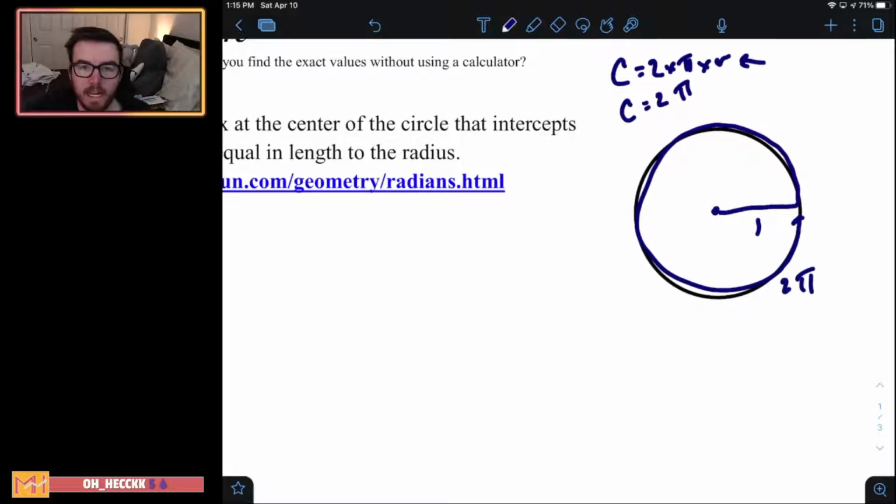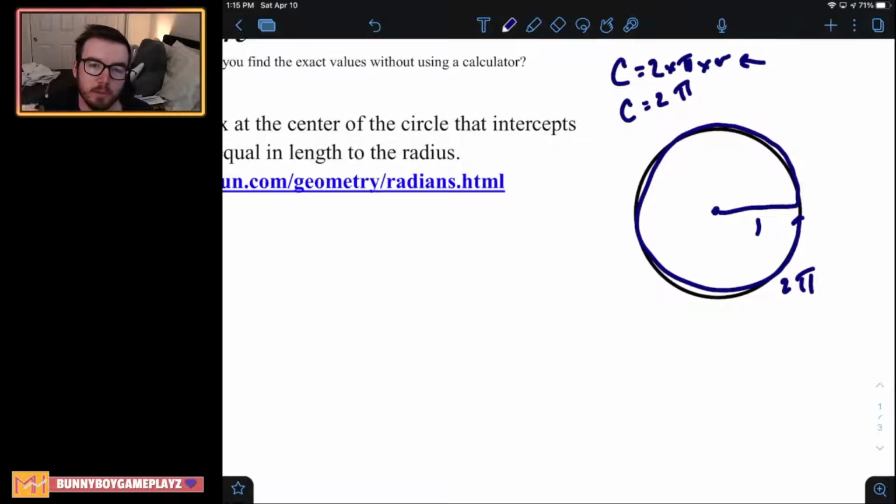So radians is a measurement that describes how far along the circle you are. Radians is a measurement, like degrees, that tells you how far around the circle you are. When we talk in degrees, we say that we've gone 360 degrees all the way around.